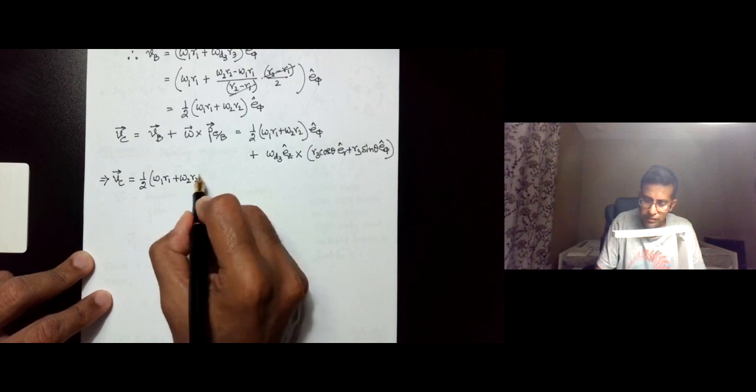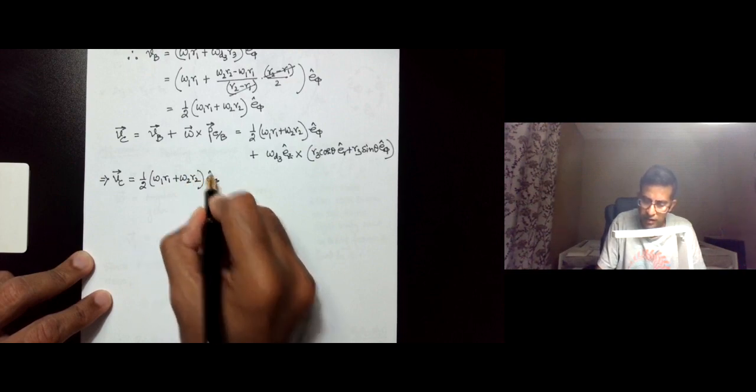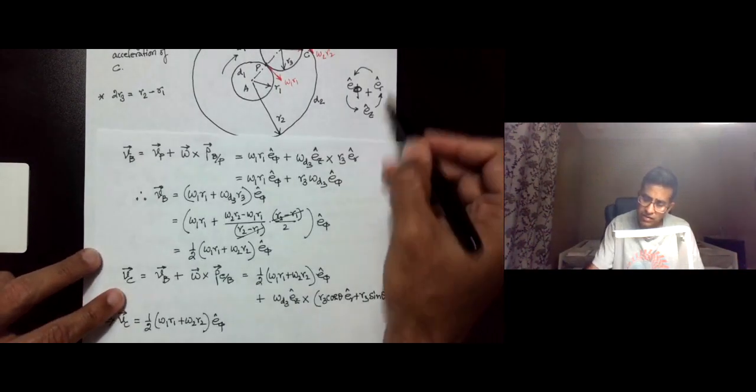So we have VC is therefore equal to half of omega 1 R1 plus omega 2 R2 E phi plus, actually then we have EZ cross ER, and EZ cross ER gives E phi.